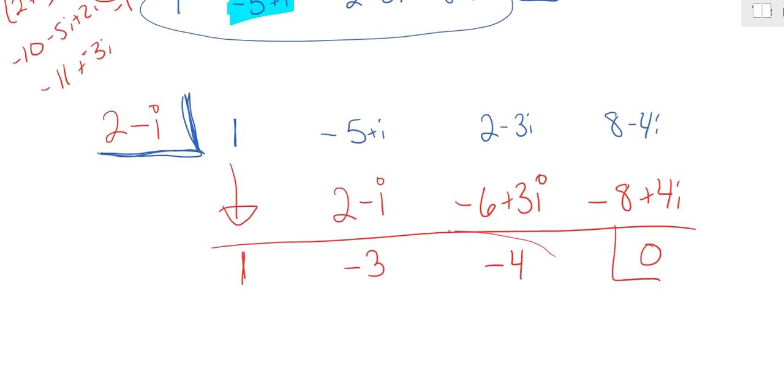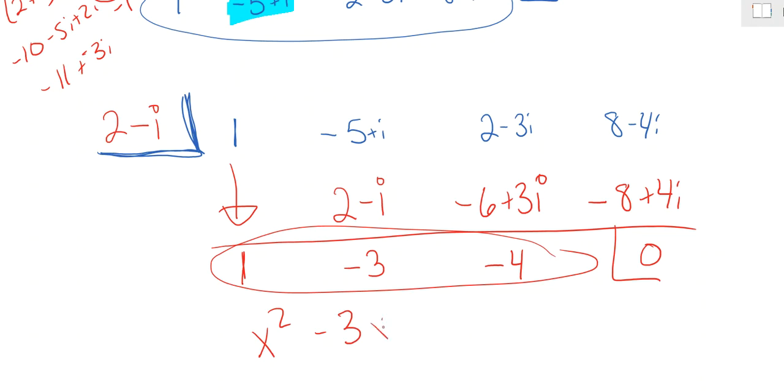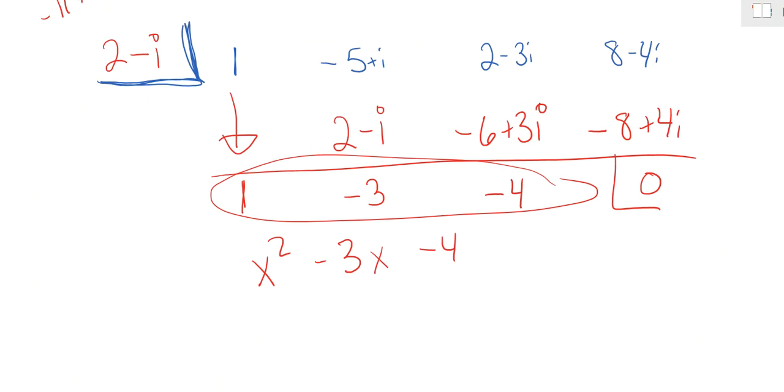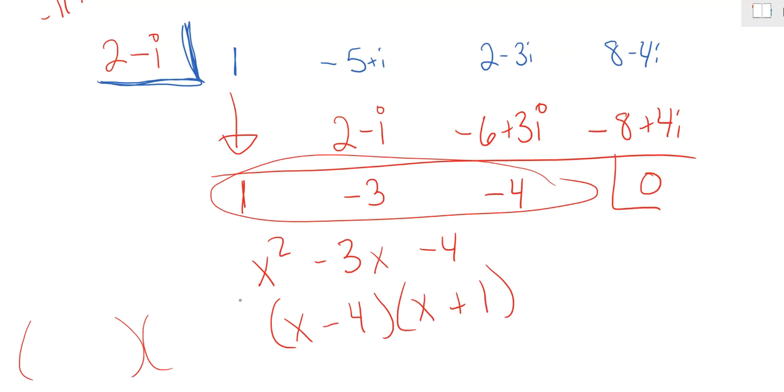And luckily enough, I'm down to a trinomial, x squared minus 3x minus 4. And even better, this is factorable. x minus 4, x plus 1. And then my other two binomials come from x minus 2 minus i and x minus 2 plus i.